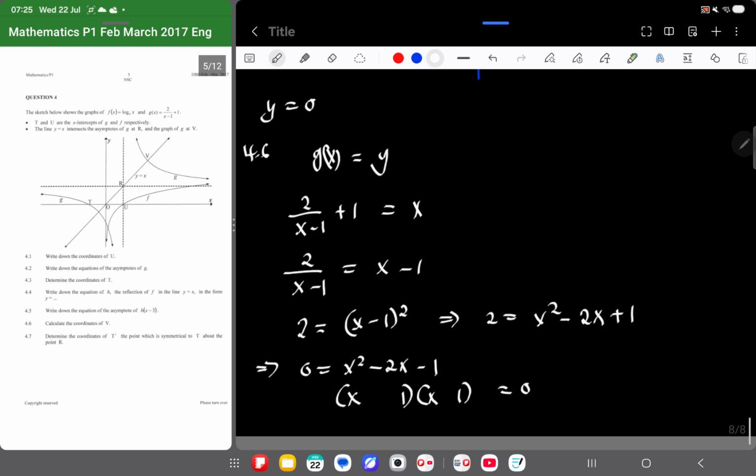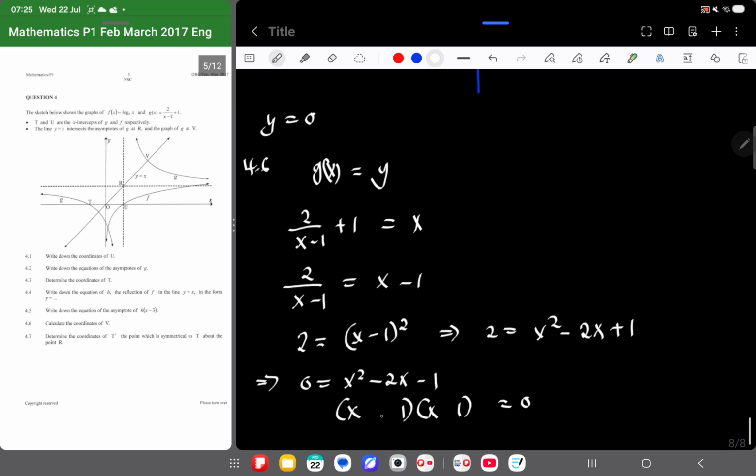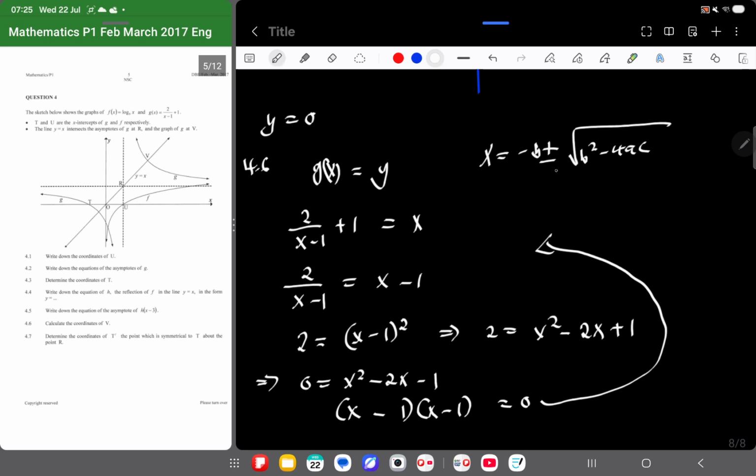Can I factorize this? If I put minus 1 plus 1, I won't get positive 2. So I think this one you should use the quadratic formula. x equals minus b plus or minus the square root of b squared minus 4ac, all over 2a.